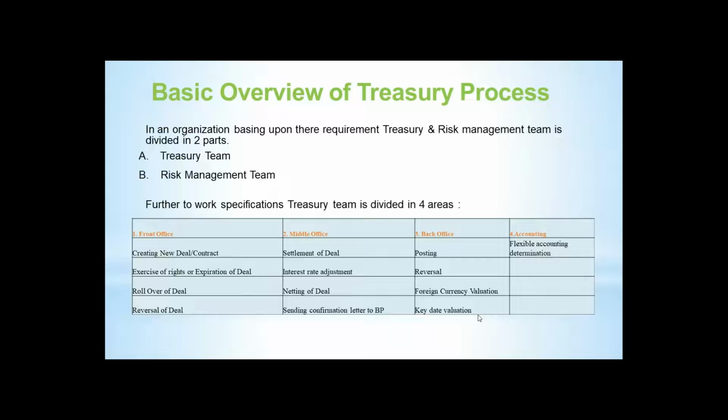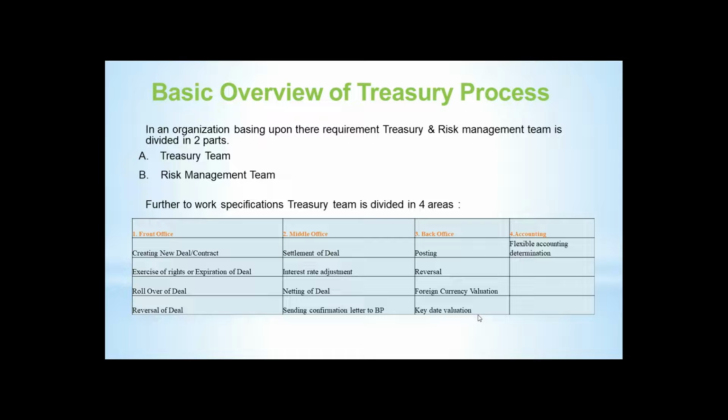Once they find all the details correctly mentioned in the contract, they will do what is called the settlement of it. Once you settle a deal, only after that is there a concept of cash flows getting released, and the particular deal is ready for accounting posting.